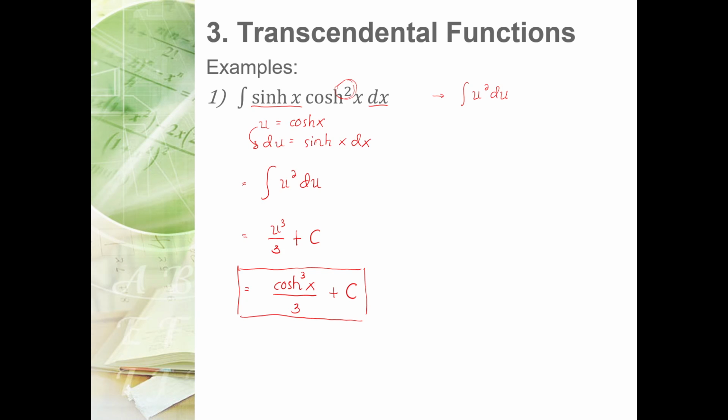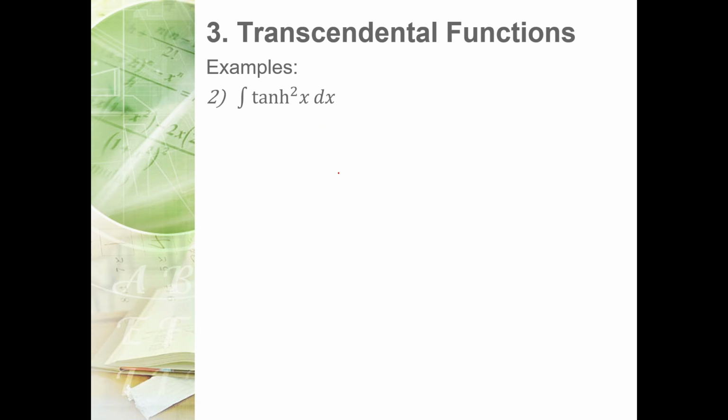Okay, so next is your hyperbolic tangent squared x. By formula, if you recall our trig functions, the derivative of the hyperbolic tangent is most likely the same as your trig function.